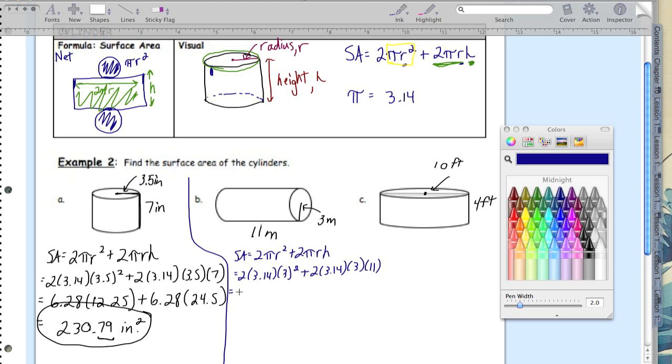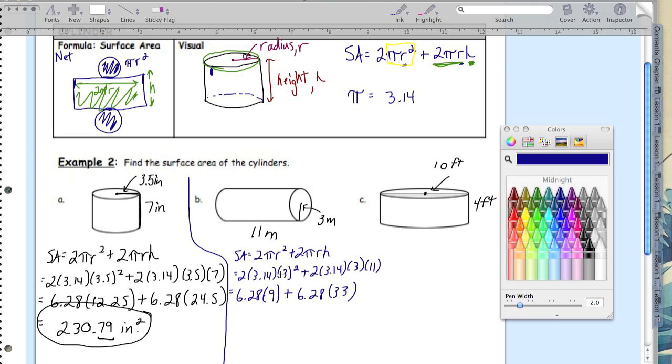So I'm going to do some work in my head. This is 6.28 times 9, because 3 squared is 9. And then this is going to be 6.28 times 33, because 3 times 11 is 33. So now if I want, I can go ahead and multiply this in my calculator, because I don't want to do decimal work if I have a calculator that I'm available to use.